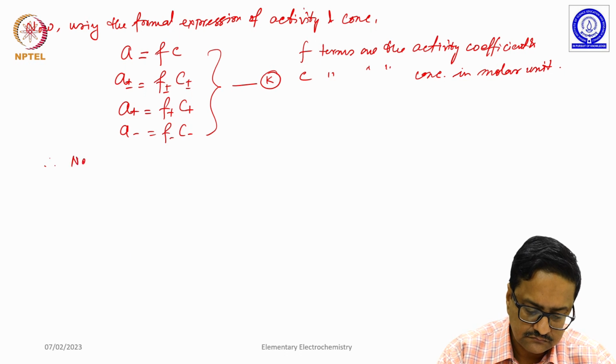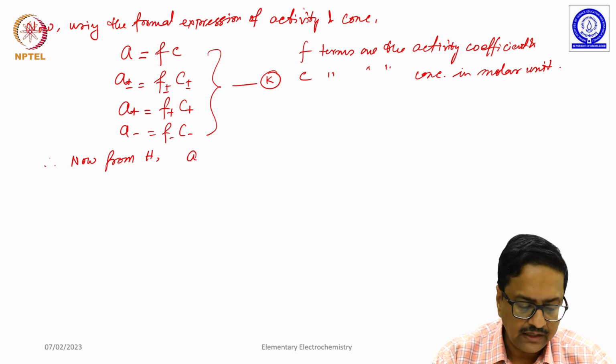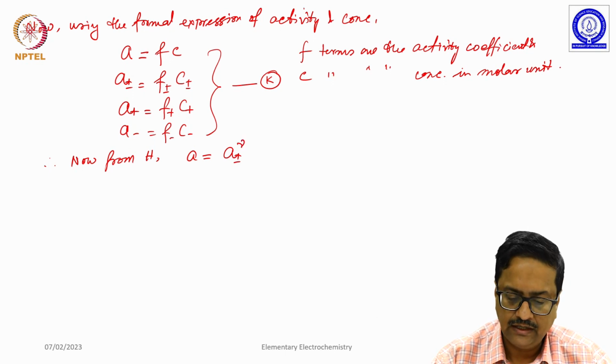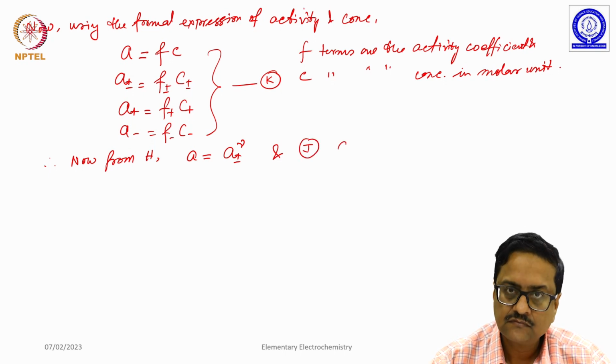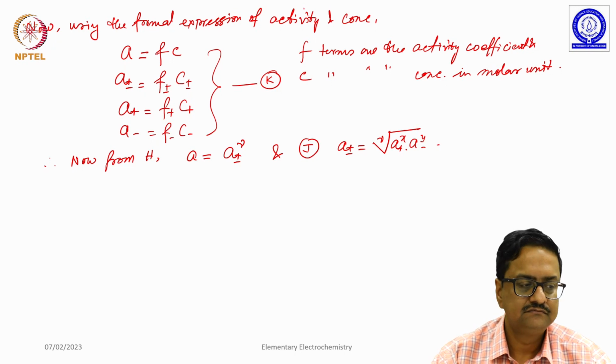Now from H, A equal to A plus minus to the power nu, and J gives me A plus minus equal to the nuth root of A plus to the power x, A minus to the power y.